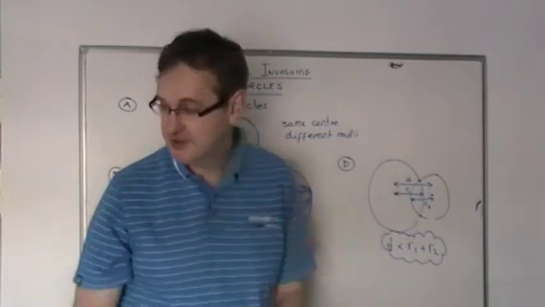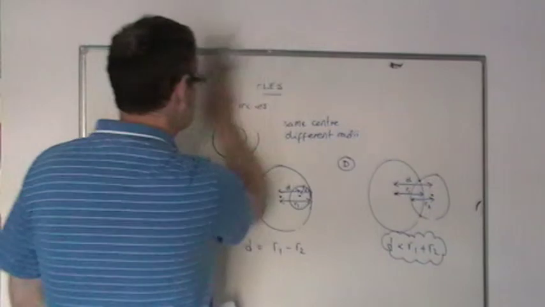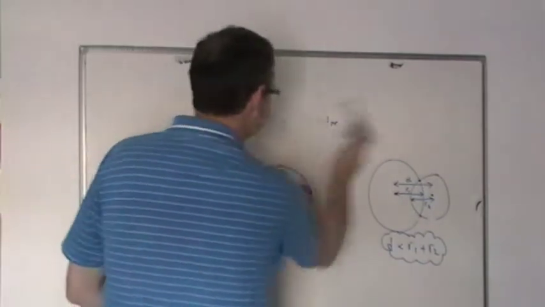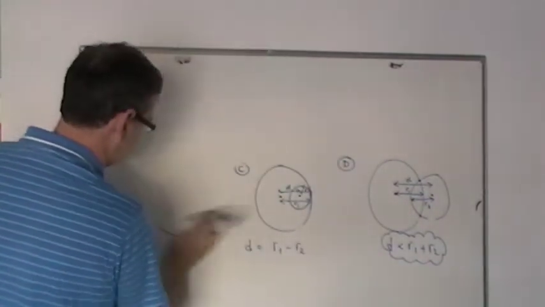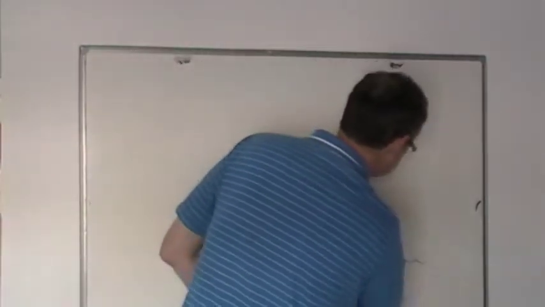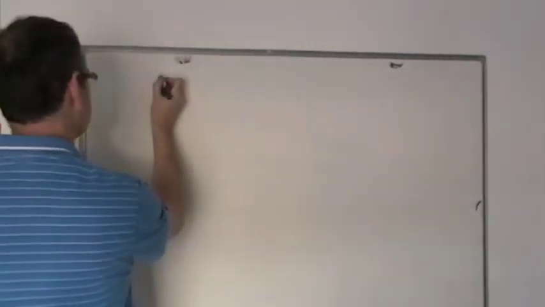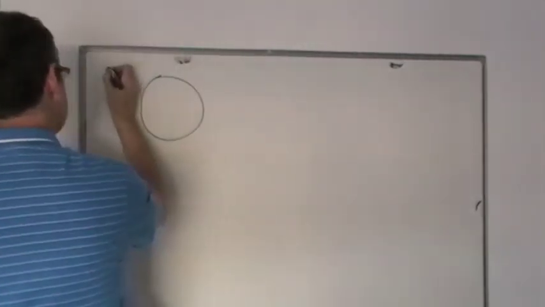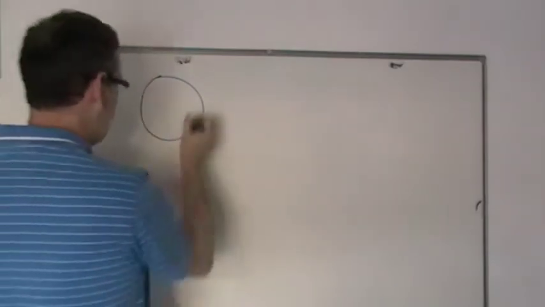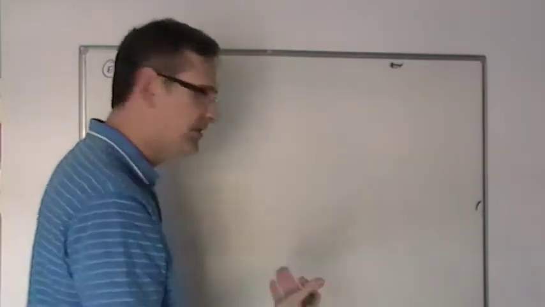We've got another couple of situations you could have, so if I now just make some more space, you could have this situation, which we'll call situation E, whereby you have the larger circle again. You don't have to have one being smaller than the other, but I'm just demonstrating this.